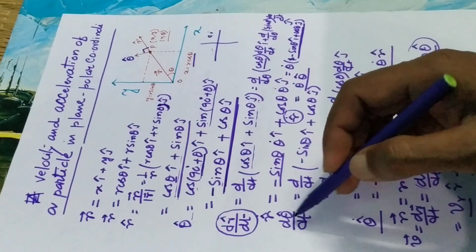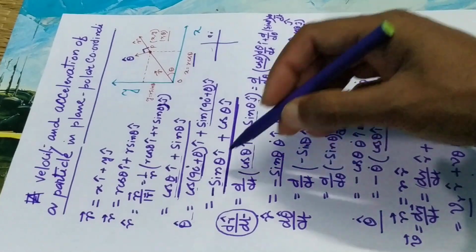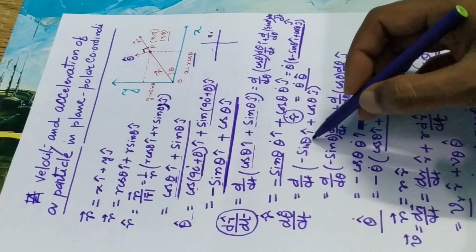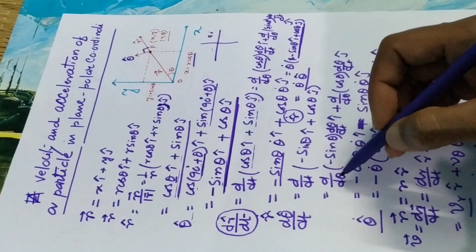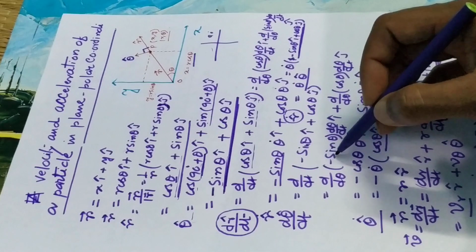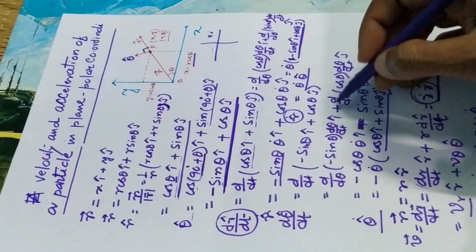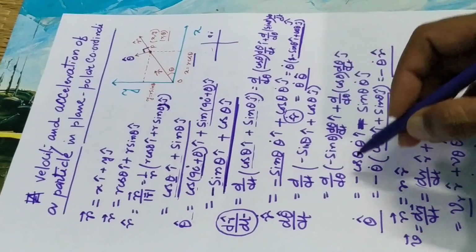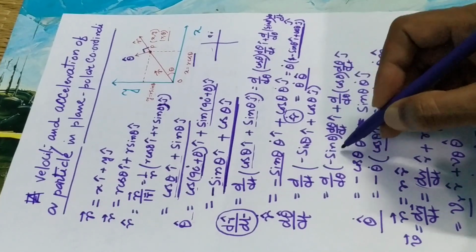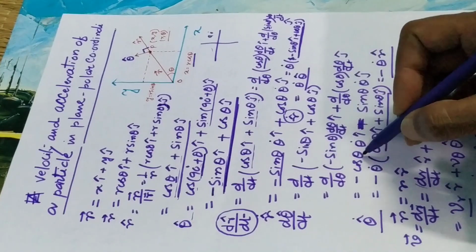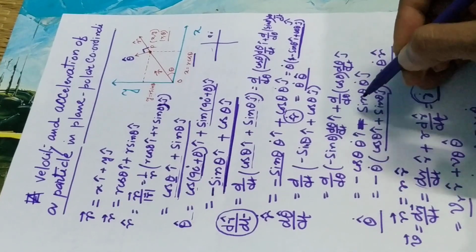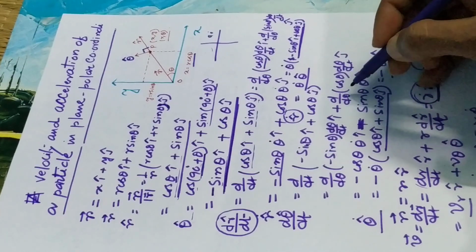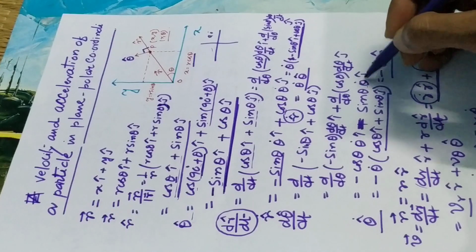Now d theta cap by dt is equal to d/dt of theta cap, which is minus sin theta i plus cos theta j. So this is d(minus sin theta)/d theta times d theta/dt i plus d(cos theta)/d theta times d theta/dt j, and this is equal to minus cos theta theta dot i, since differentiation of sin theta with respect to theta is cos theta, and differentiation of cos theta with respect to theta is minus sin theta, times theta dot j.